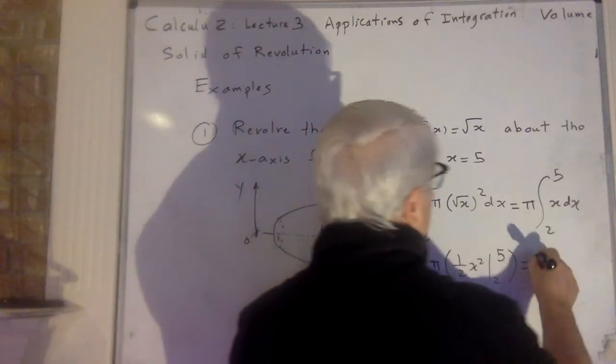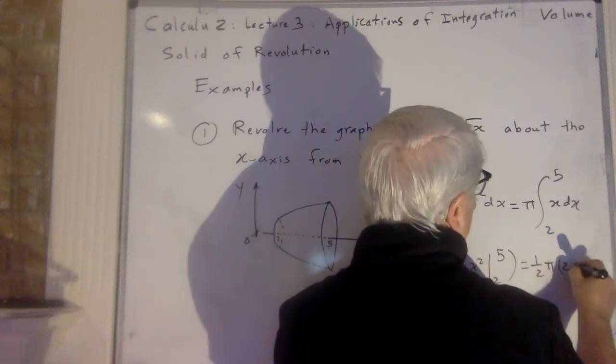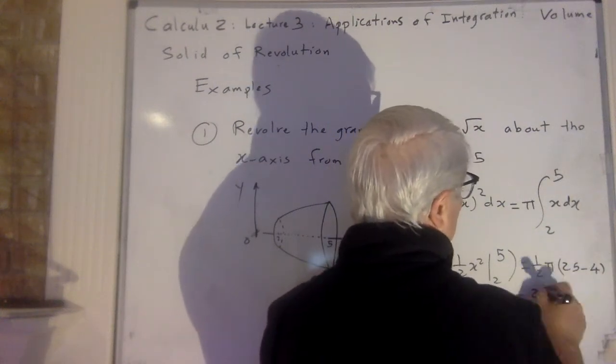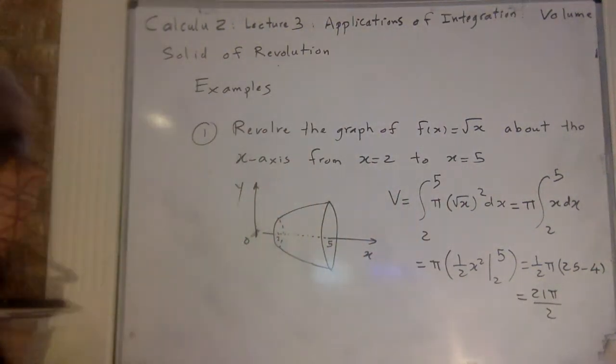So that is 1/2 pi times (5 squared is 25, 2 squared is 4), so that is 21 pi over 2. Depending on the units on the x and y axis, that might be square feet, square inches or something; we leave that to physics. So for us, that is the volume. It's that simple.